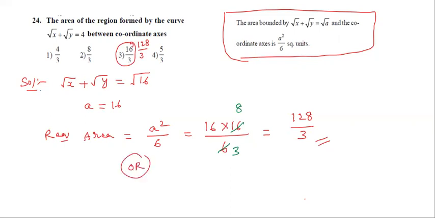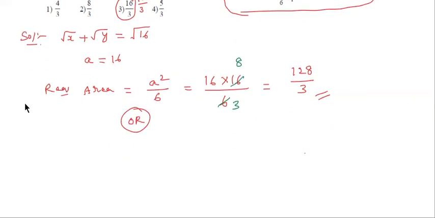Or go with another method. What is another method? Root x plus root y is equal to 4 is given. If x is equal to 0, what happens? Substitute there, you will get the y value 16. That means this is one point of intersection, 0 comma 16.